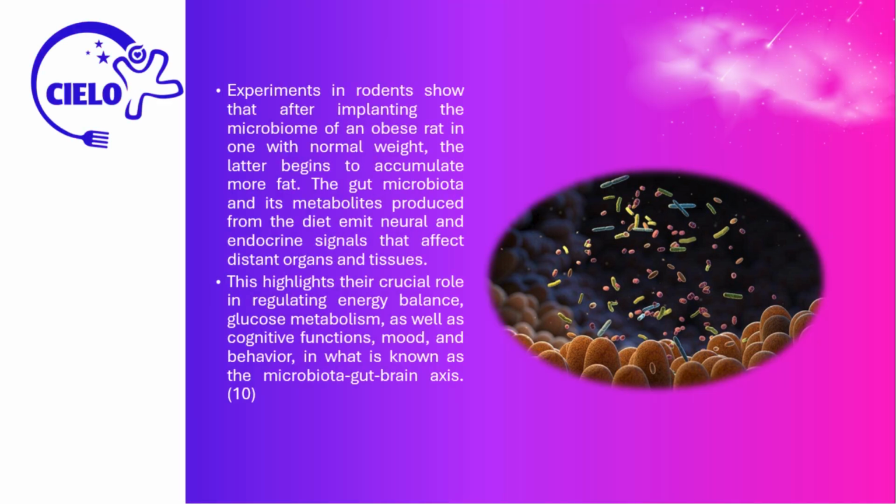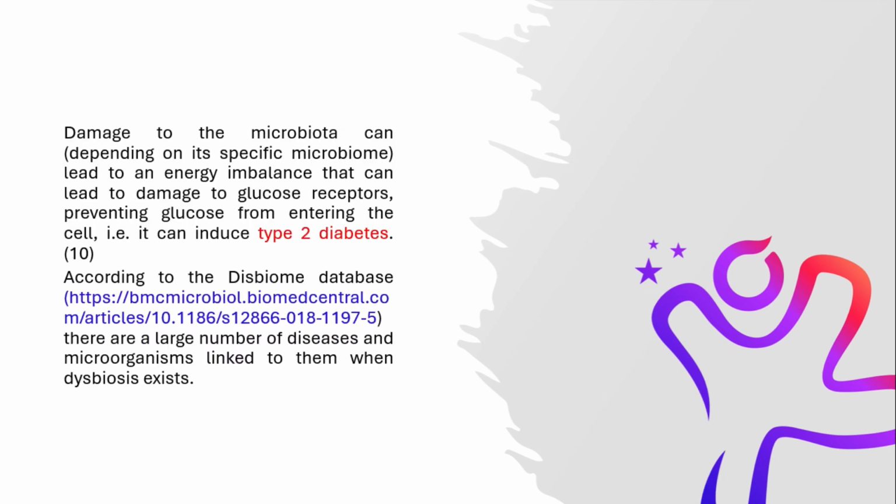In rodent experiments, it has been shown that transplanting the microbiota of an obese mouse into a normal weight one induces an increase in fat accumulation. Damaging the microbiota, depending on the specific microbiome, can cause an energy imbalance that affects glucose receptors, preventing glucose from entering cells. This induces type 2 diabetes in some people.